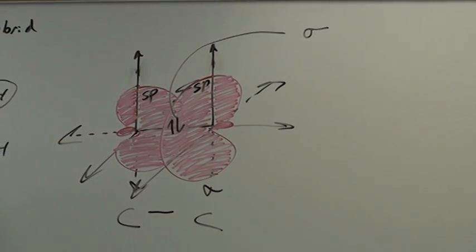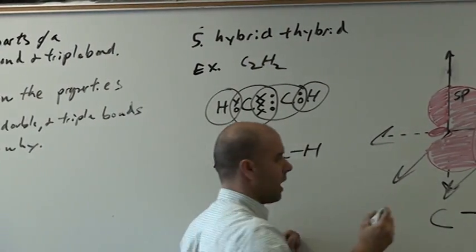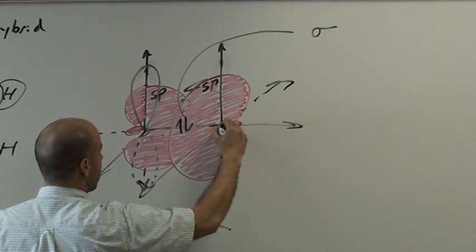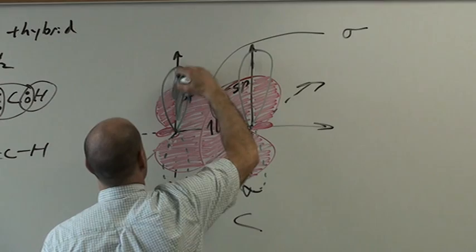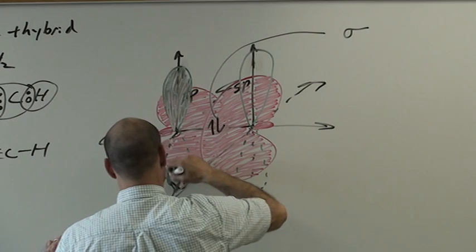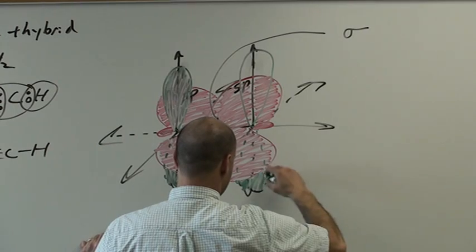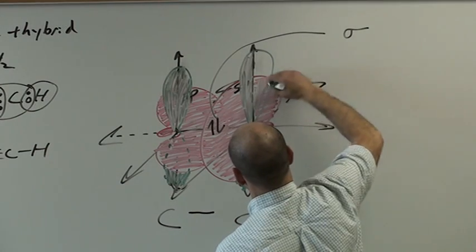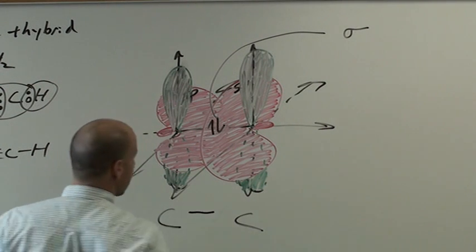Now how do we get those other 2 bonds? Same way we did with the double. We've got our p orbitals, just like with the double bond.